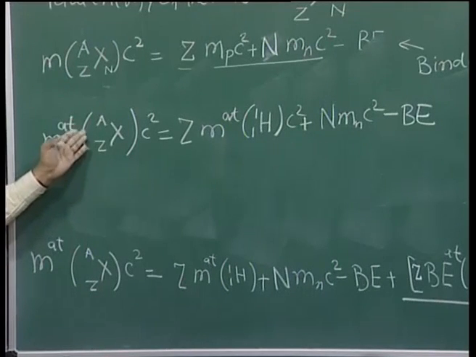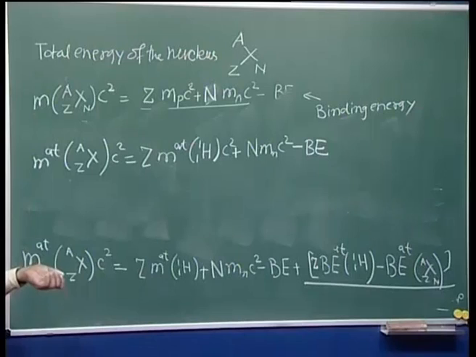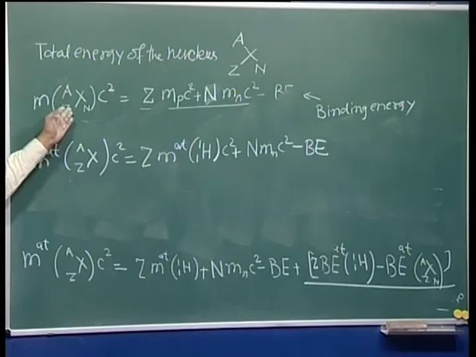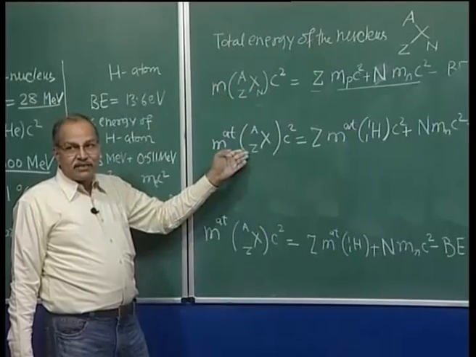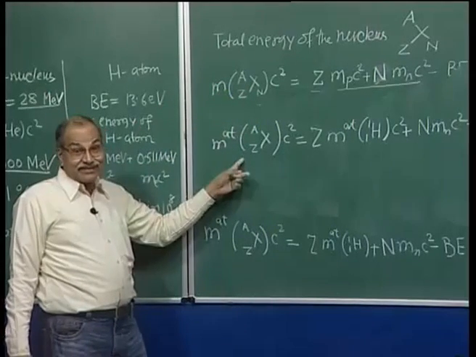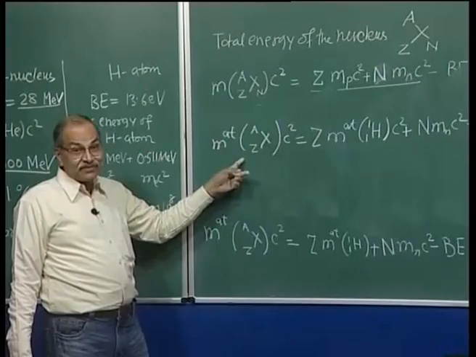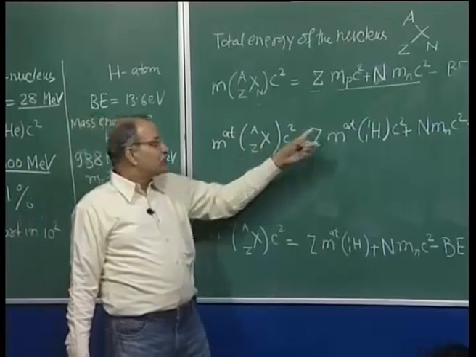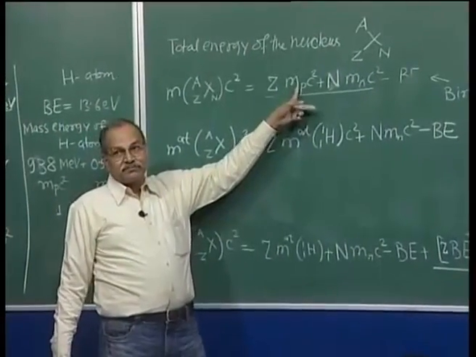Okay? This mass is different from this, right? Atom mass, that means you are putting Z electrons also and all those things. So, instead of this nuclear mass, I am writing mass of the atom having that nucleus at the center and plus electrons. And similarly, here look, this is mass of the proton.